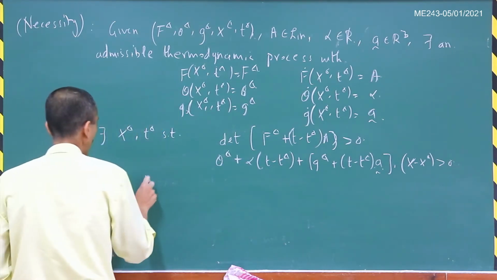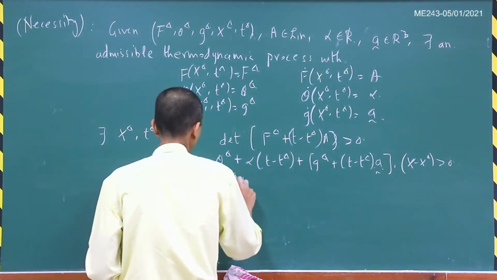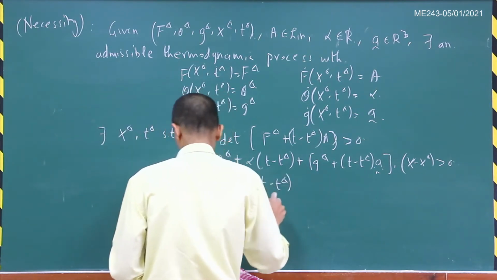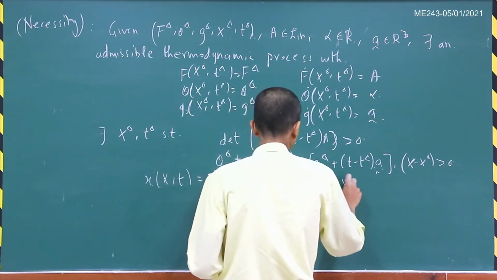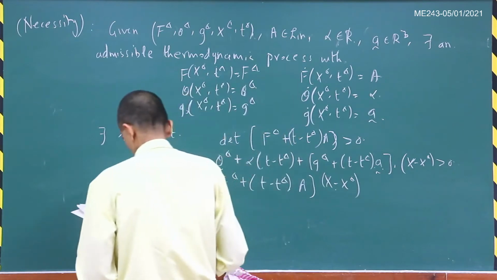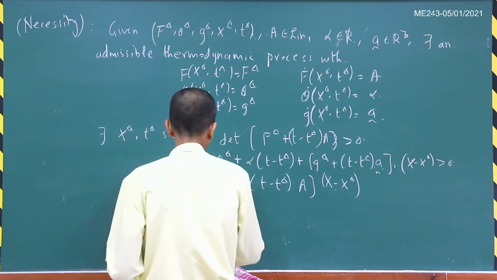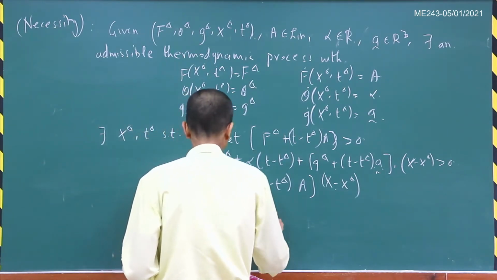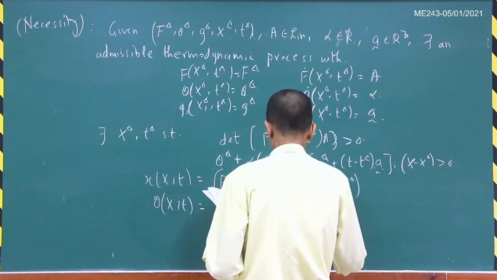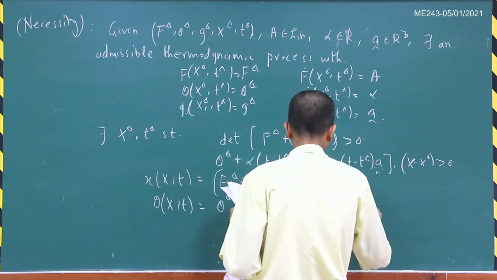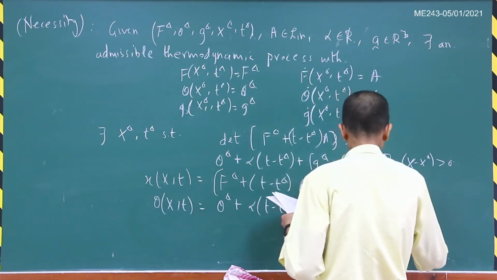So this F of x comma t is equal to F diamond plus (t minus t diamond) times A, and then theta of x comma t is equal to theta diamond plus alpha times (t minus t diamond) plus (G diamond plus (t minus t diamond) times A) dot (x minus x diamond).